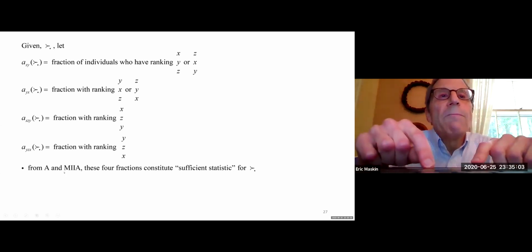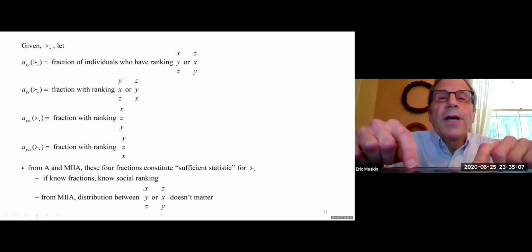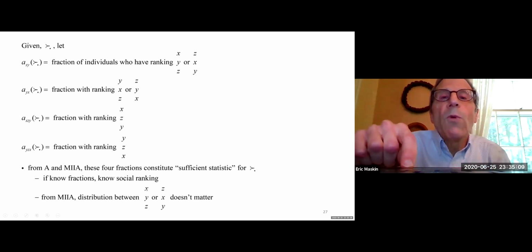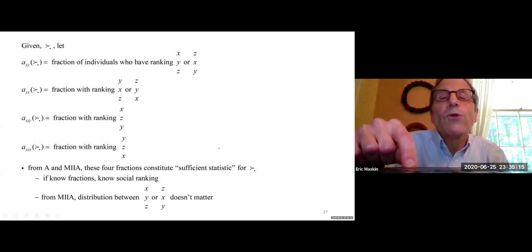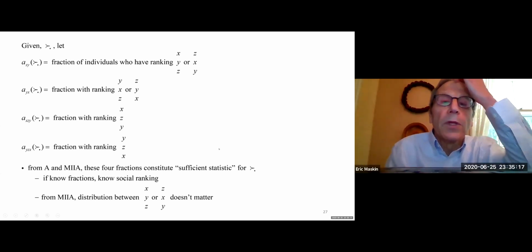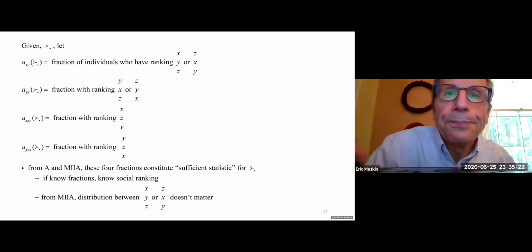But because of modified IIA, it doesn't matter whether someone has the ranking XYZ or ZXY from the point of view of the social ranking of X and Y. So we can get it down to 4.